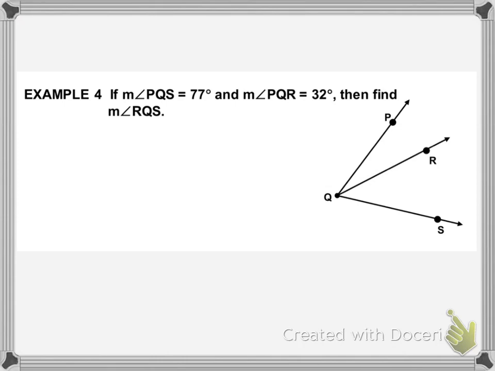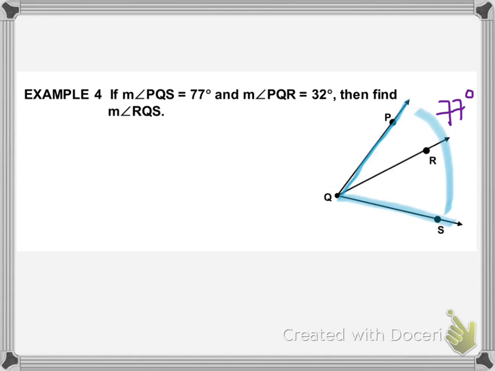All right, before we get to the equations, let's just look at straight numbers because that'll be a little bit easier. So this says if the measure of angle PQS, so PQS, that's this angle, from here to here, it has a measure of 77 degrees.